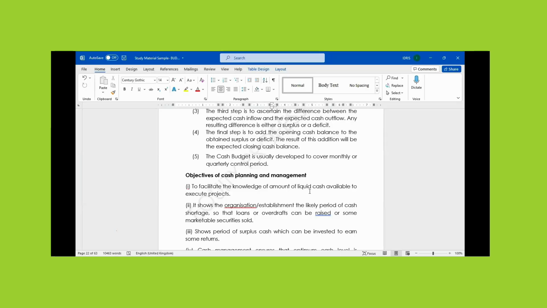So that means another objective is to show the period that we will have cash shortage, so that we can go and borrow a loan or overdraft to address the cash shortage.